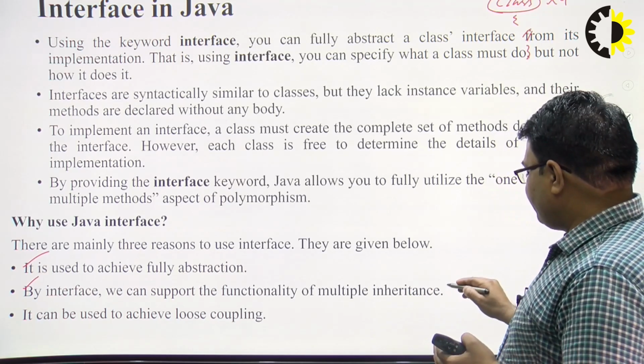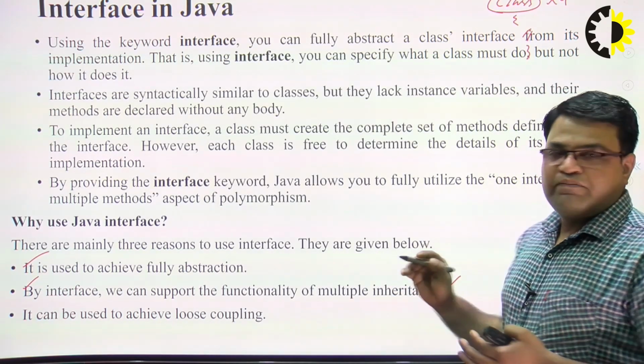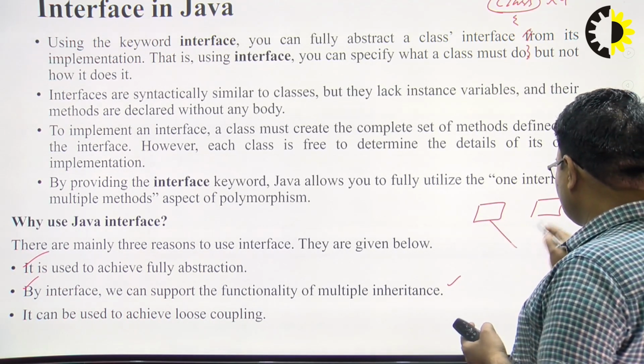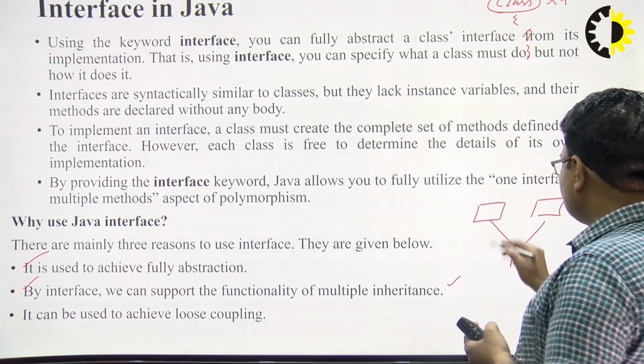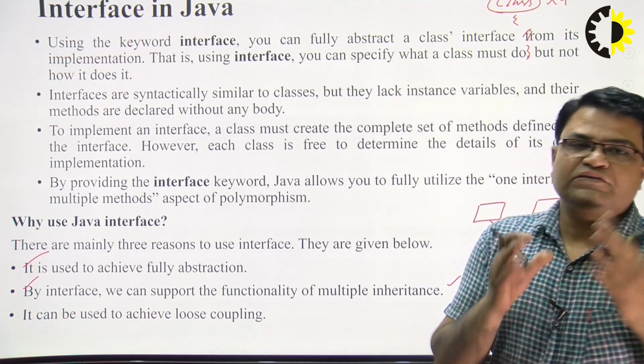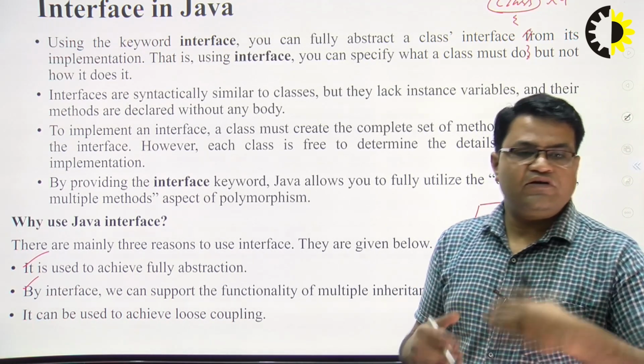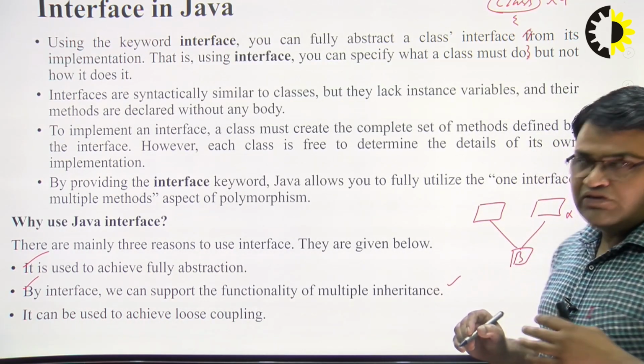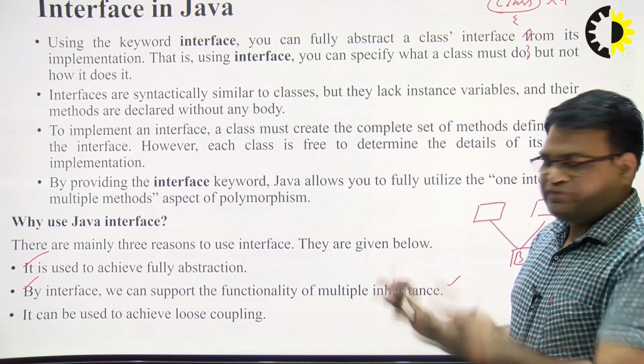But in the case of interfaces, we can achieve multiple inheritance. Multiple inheritance means there are two base interfaces and one derived interface. But in the case of classes, this is not possible. This is achieved by using the interface.